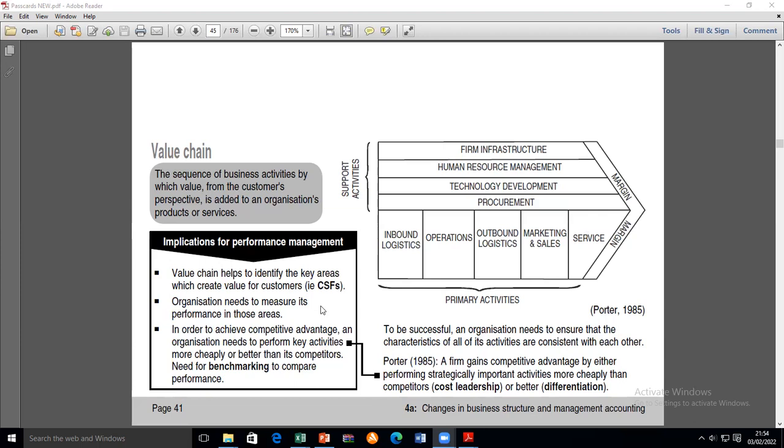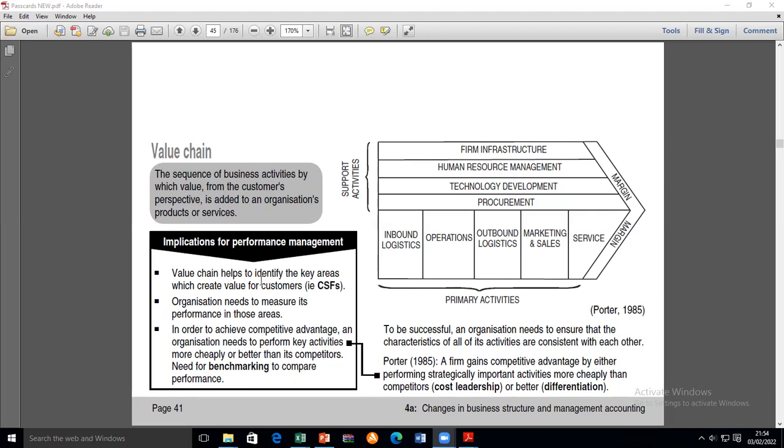Good. This issue of critical success factors, it's not only relating to the value chain. In many other aspects, it can help us. We're going to see this again when we discuss other models, the SWOT analysis, Porter's 5 forces. We're going to see how those models also can help you come up with a critical success factor, and subsequently a KPI for that critical success factor.